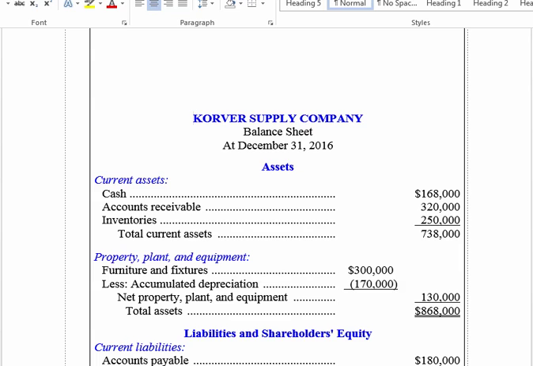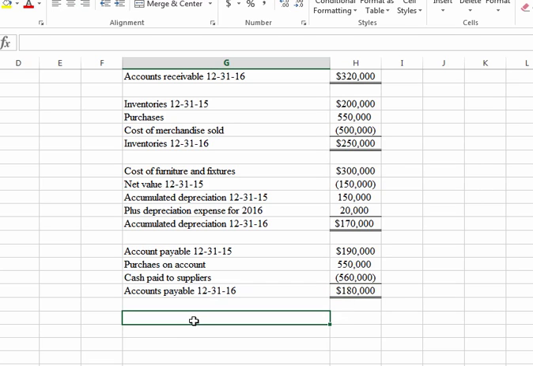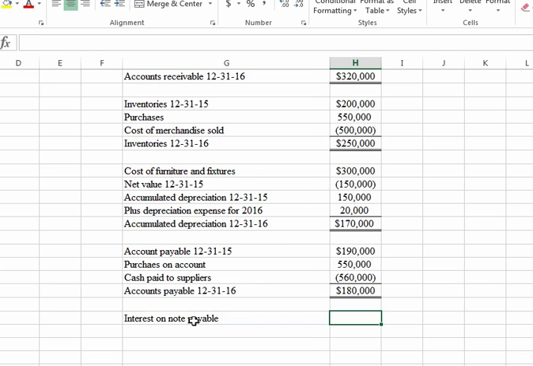Well, you can run through the calculations. The balance on the note is $200,000. Okay, let's do that over here. Interest on note payable is equal to our $200,000.